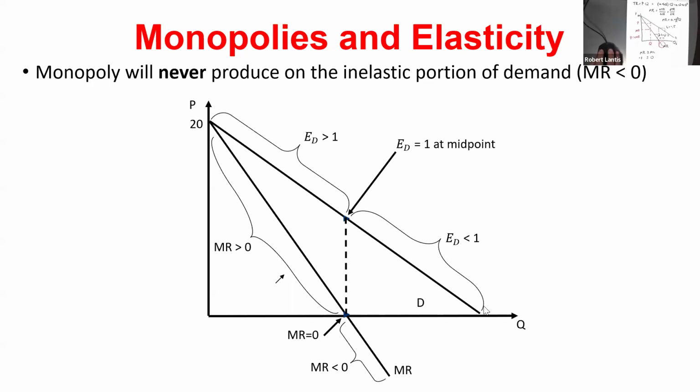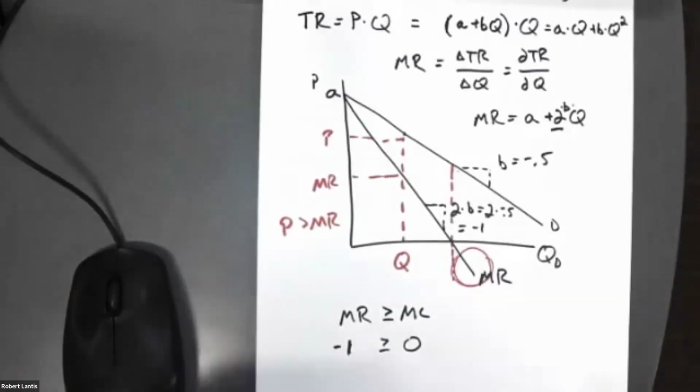And there, when we have inelastic demand, that output effect isn't going to be nearly as large as the price effect. And so that price decrease is going to dominate, and we end up with a negative marginal revenue.